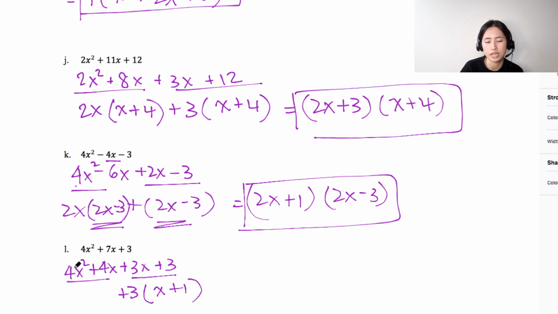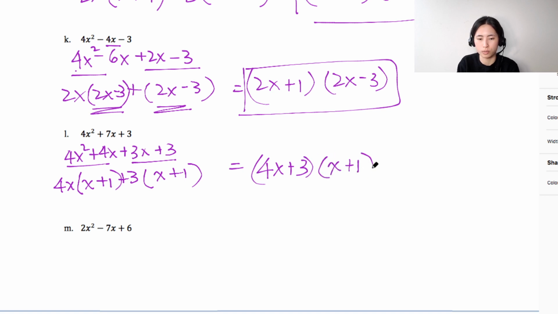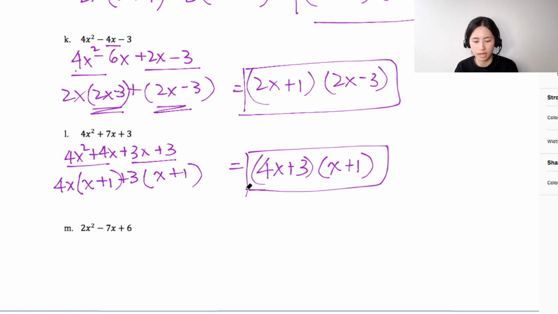And over here, when you take out 4x, that's the greatest common factor, you're left with x, and this is plus 1. So you can combine 4x plus 3, and then you multiply this by x plus 1. Great. Okay, so that's it for this question.